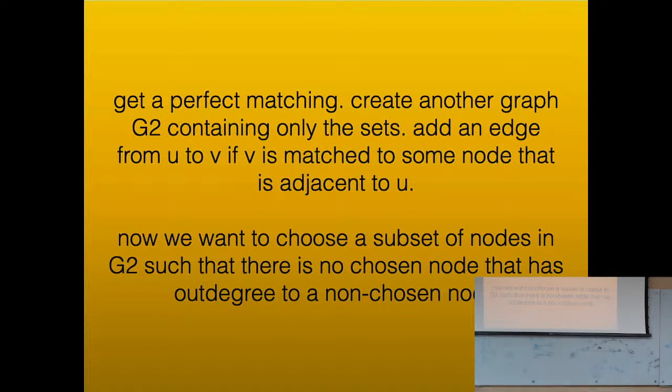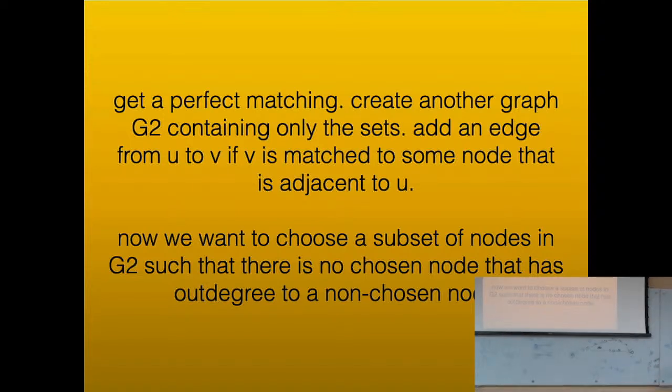One thing that I didn't understand is, when you choose a set, you have a lot of elements, and you have to choose one set for each element at least, right? Yes. But how does the perfect matching help you with constraining that?